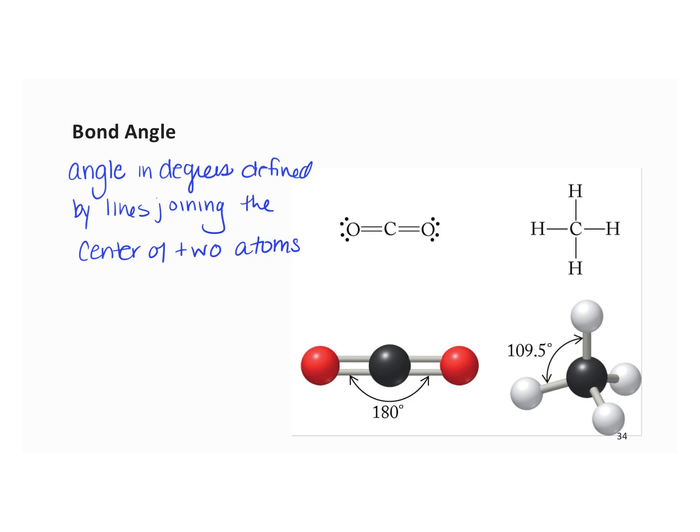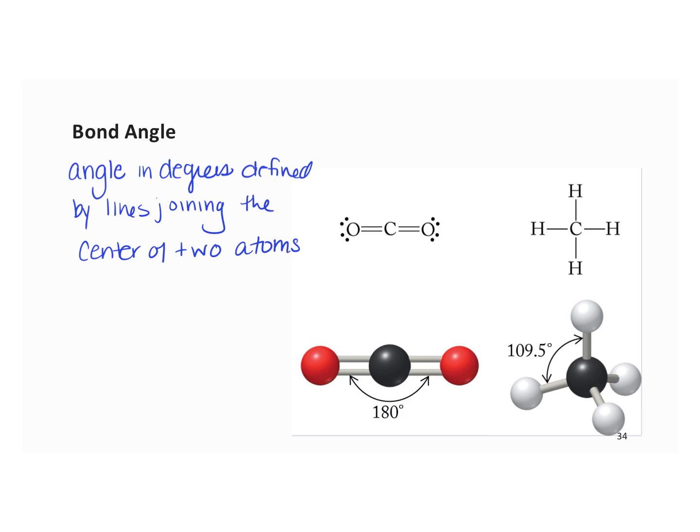So in reality, what that means is you have a central atom here, and the bond angle is measured from one of these atoms to this atom over here, so the 2 that are attached to a central atom. Same thing, the bond angle is here, okay? And that bond angle can help describe that 3-dimensional structure for us.